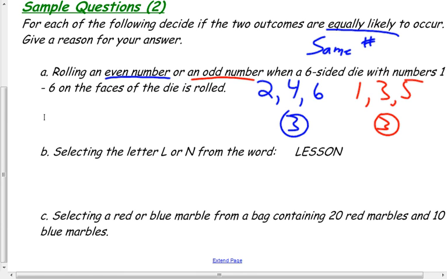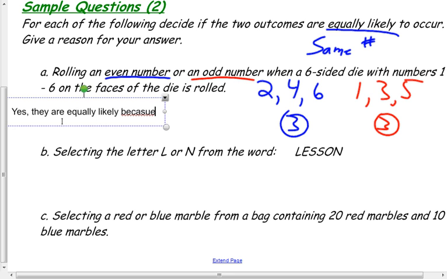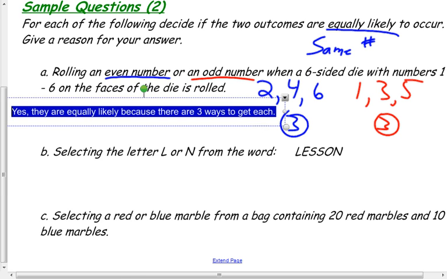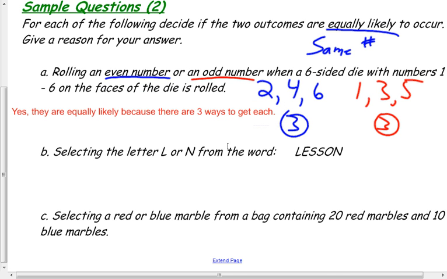So in this case, yes, they are equally likely because there are 3 ways to get each. There's 3 ways to get odd numbers. There's 3 ways we can get even numbers. So there's 3 ways to get each.